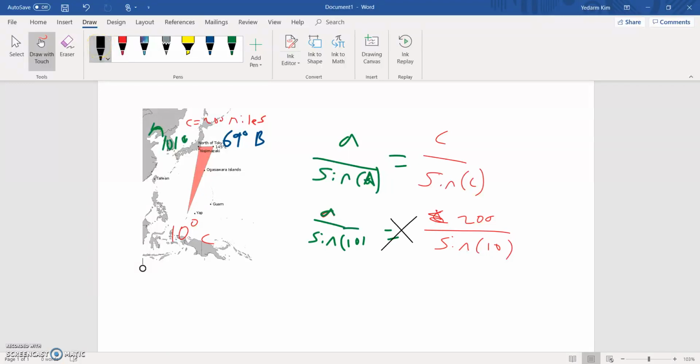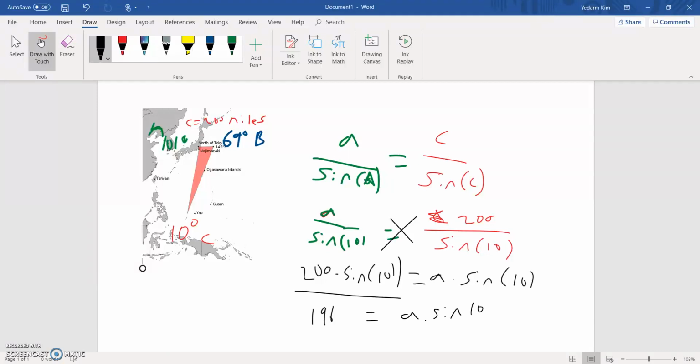So when you cross multiply, you'll get this product right here. 200 times sine of 101 is equal to A times sine 10. And when you plug this equation into a computer, you get 196 is equal to A times sine of 10.